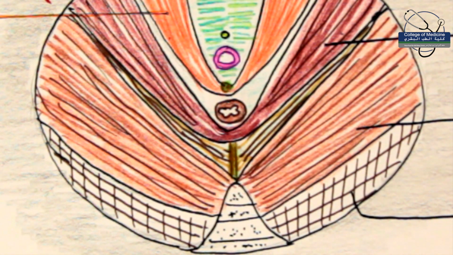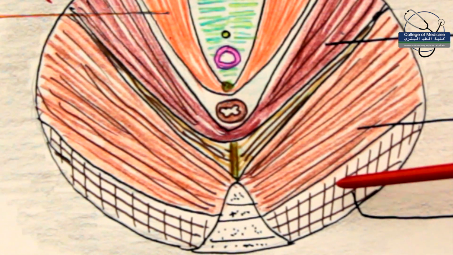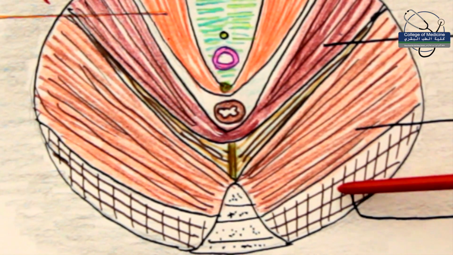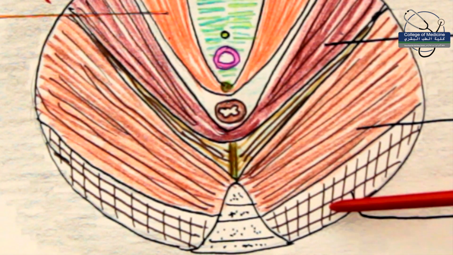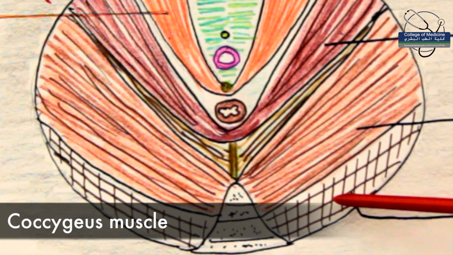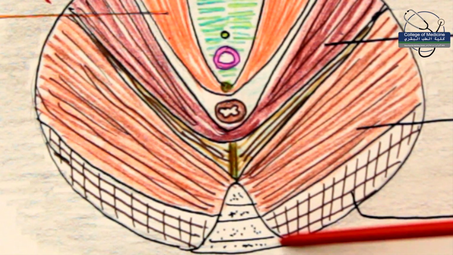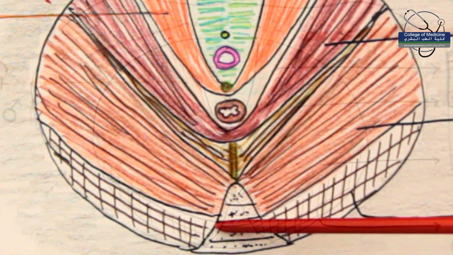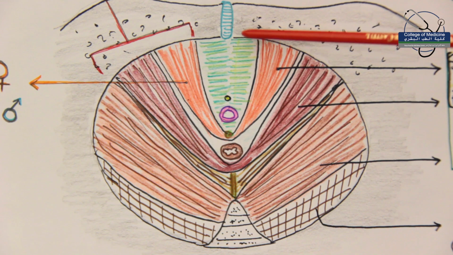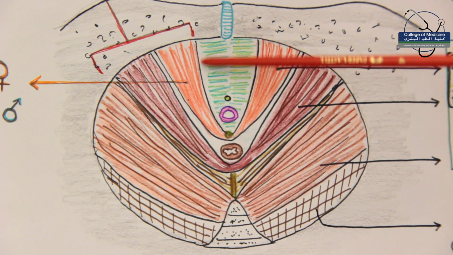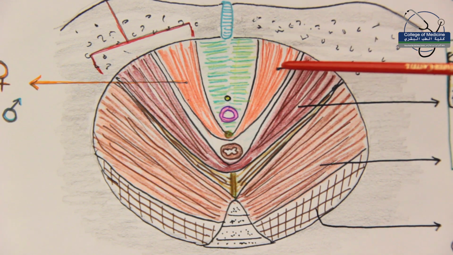Then the posterior gaps are filled up by another triangular muscle, which is known as coccygeus. The coccygeus muscle is taking origin from the spine of ischium and inserting over the sides of the coccyx.